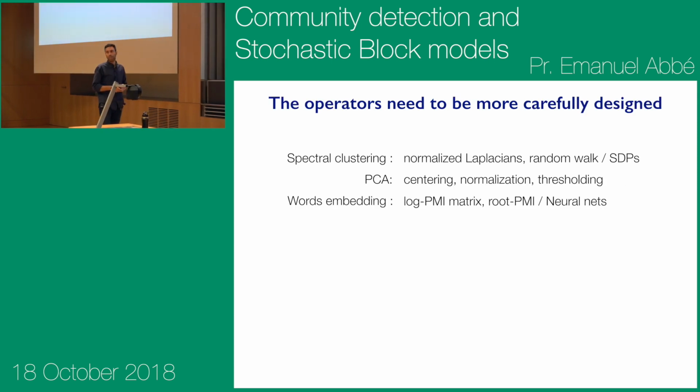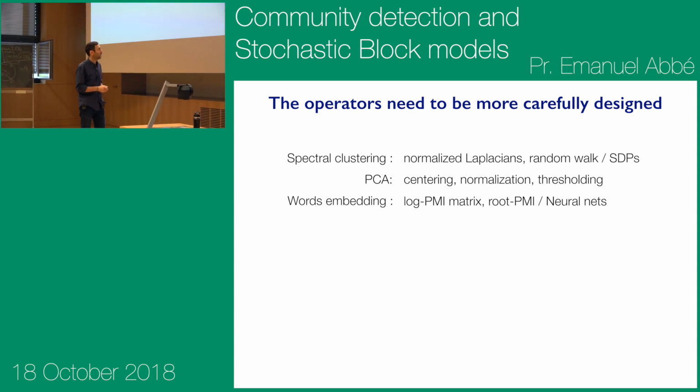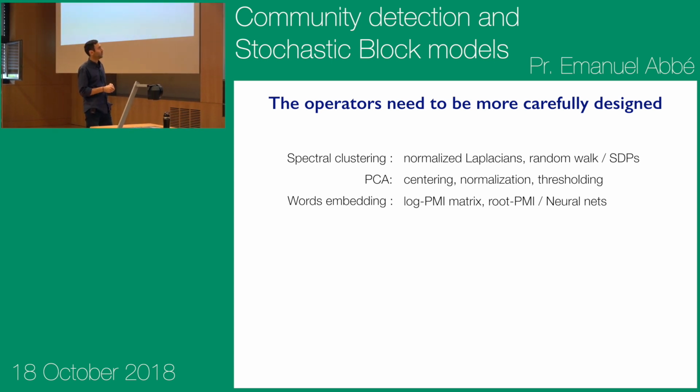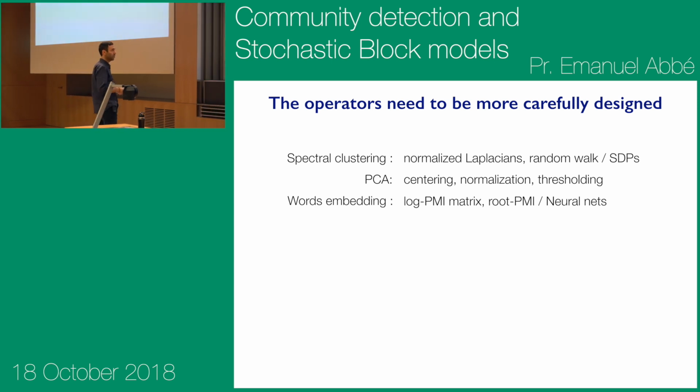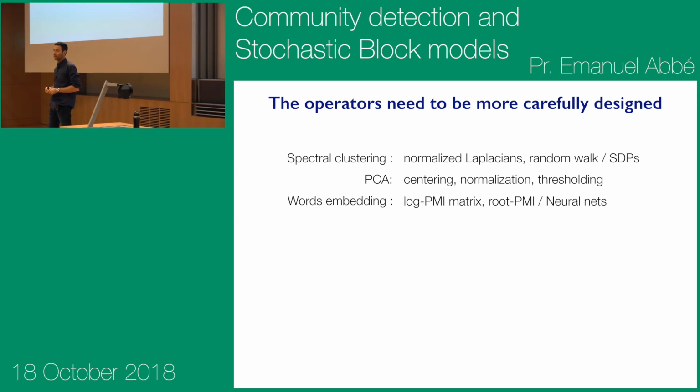In general, you have to do quite a few things to make spectral clustering methods work. There are other tricks that I will discuss a bit, like the normalized random walk Laplacian. Or if you use PCA, like in the first two examples for the genes and for the color example, you have to be careful to do centering and normalization. Sometimes you do thresholding so that you don't pick eigenvectors that are degenerate.